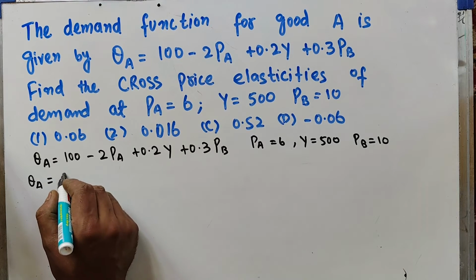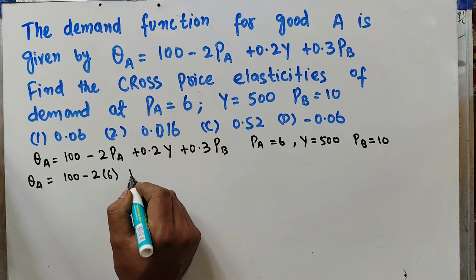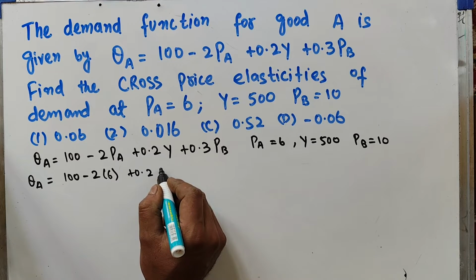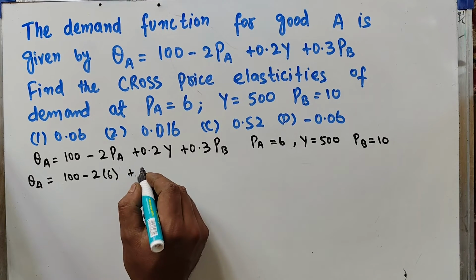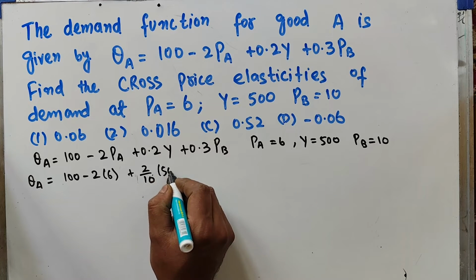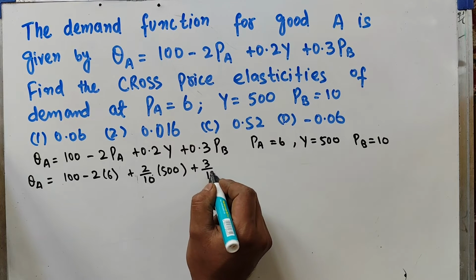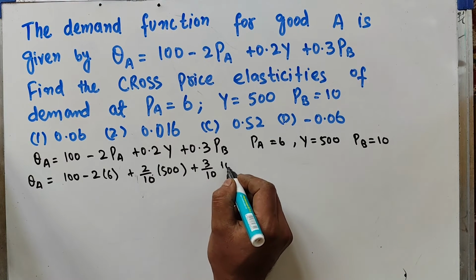So QA will be equal to 100 minus twice the price of good A, which is 6, plus 2 upon 10 times the income of the consumer, which is 500, plus, in place of 0.3, let us write 3 upon 10 times the price of B, which is 10.